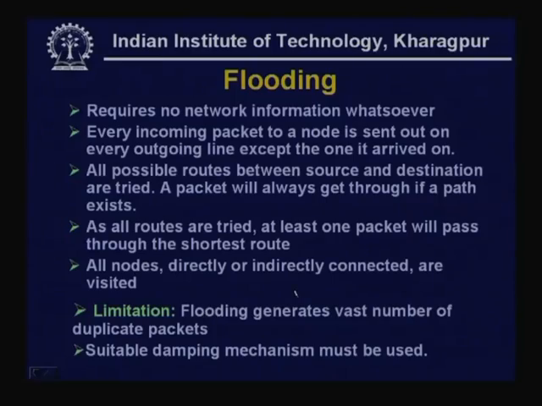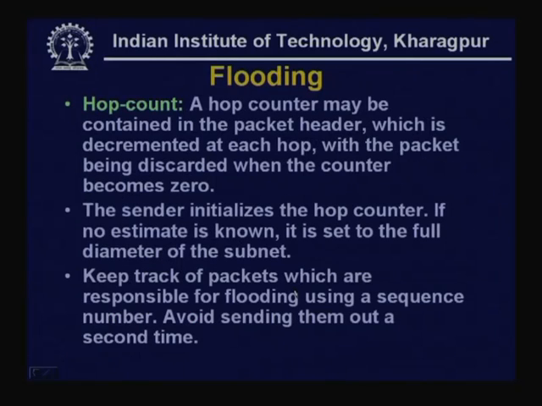So, to overcome that, what has to be done? We have to take some measure such that the number of packets does not increase in an unbounded manner. It does not increase alarmingly. How can it be done? One important technique that is used is known as hop count. A counter is contained in the packet header, which is decremented at each hop.